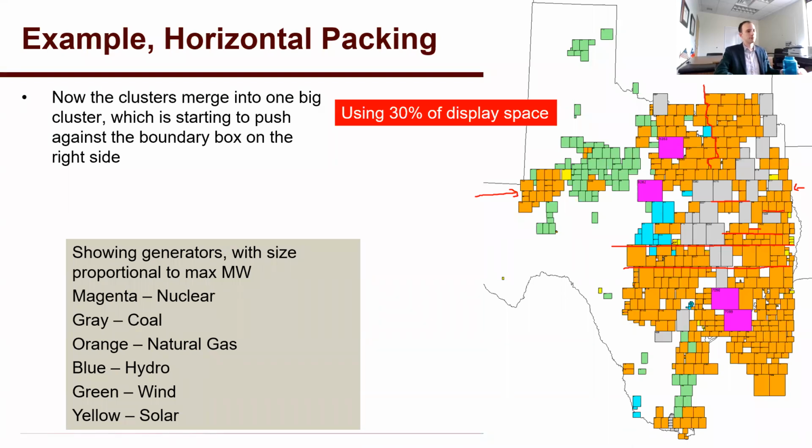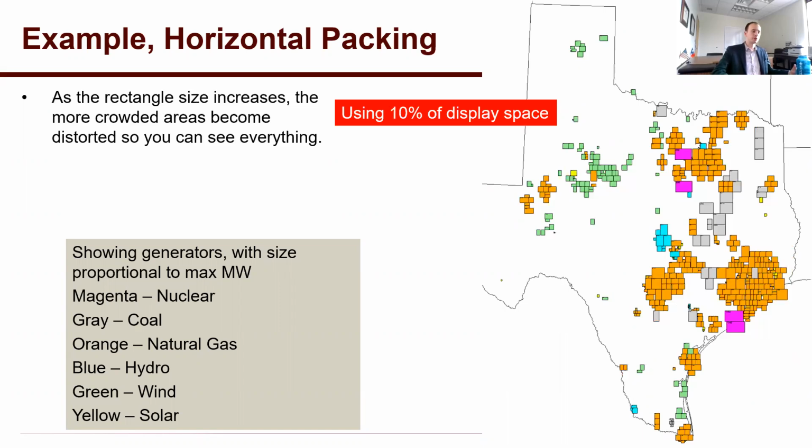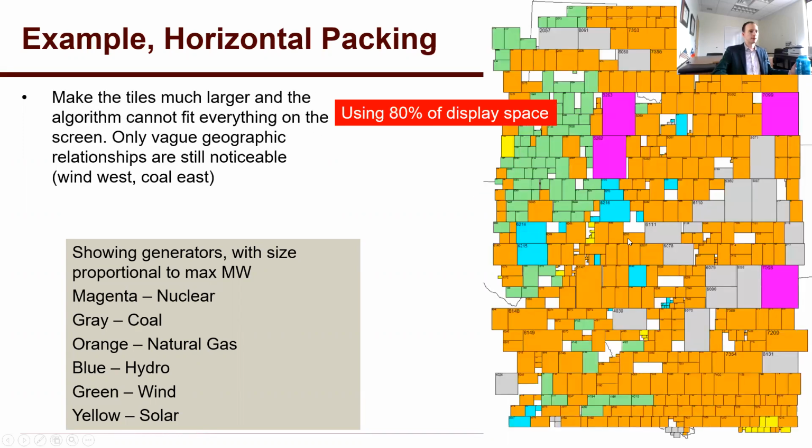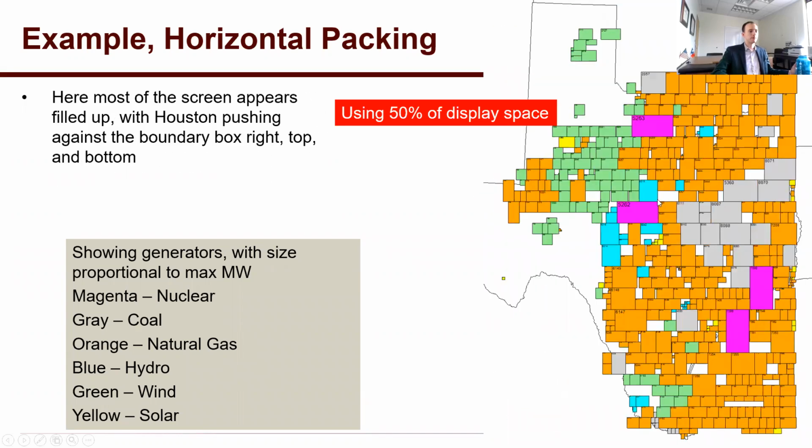There are different benefits. There's the benefit to this one where you can really see the geographic location of where things are, but things are pretty small. Depending on what you're trying to show, this might be a good one, somewhere here or here, where things are a little bit bigger and you can really see them. So it kind of depends on what you're trying to do. It would potentially make sense to be able to switch back and forth between the different versions of it.